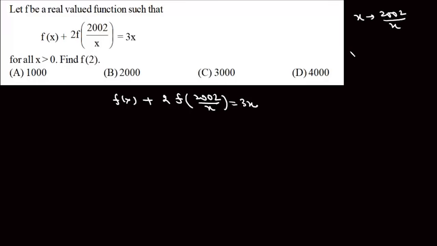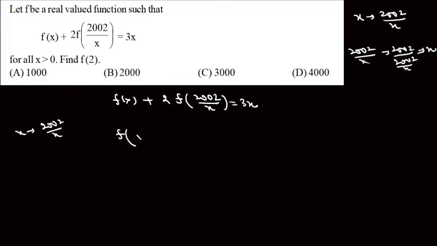Now the question is, let f be a real valued function such that f(x) + 2f(2002/x) is equal to 3x. Now clearly this is reciprocal substitution. So if we replace x with 2002/x, then 2002/(2002/x) will simply be x.